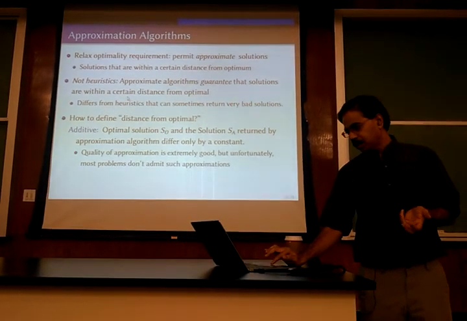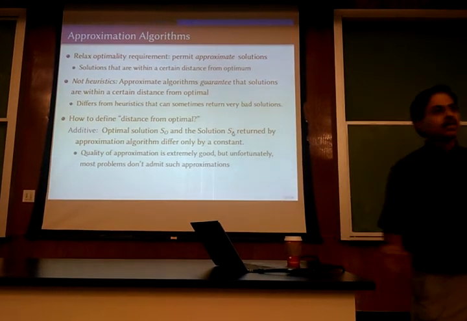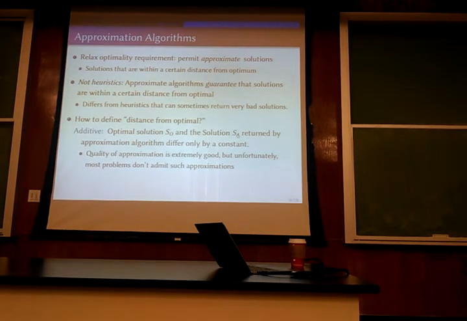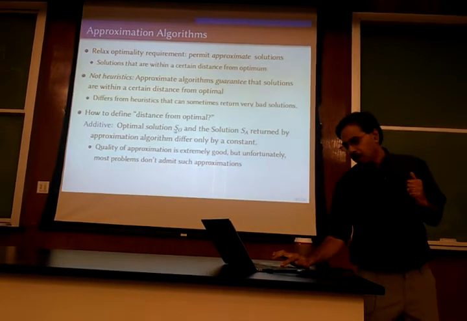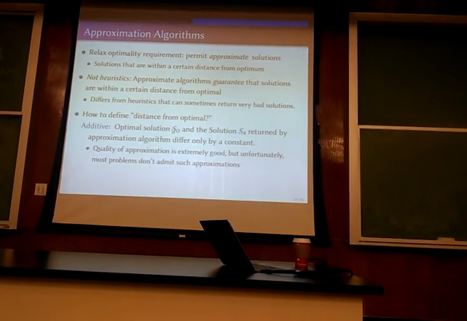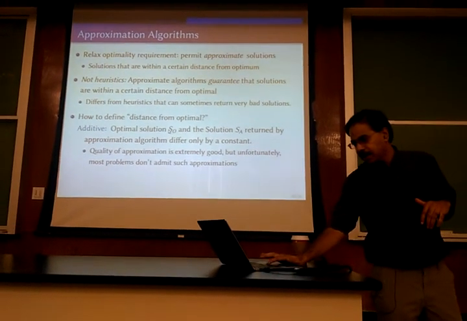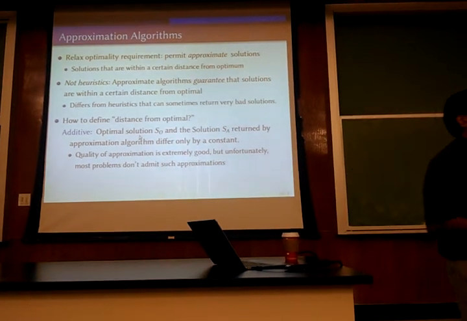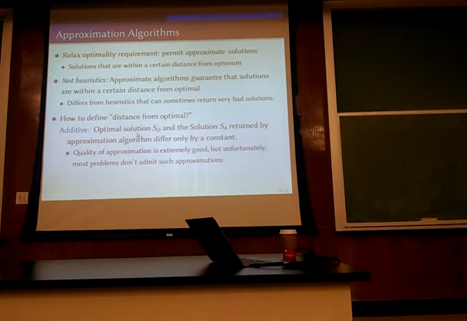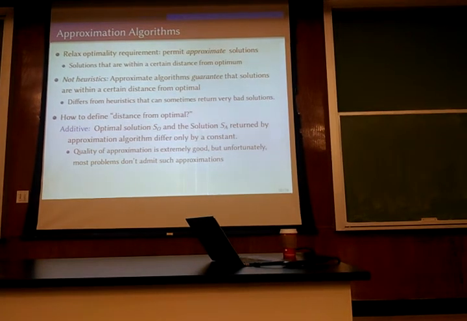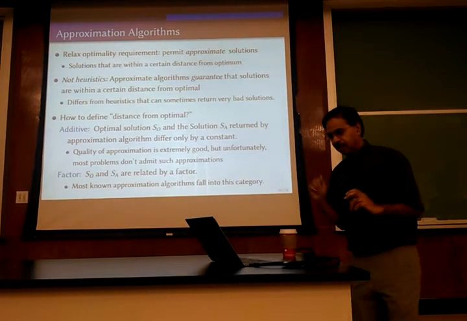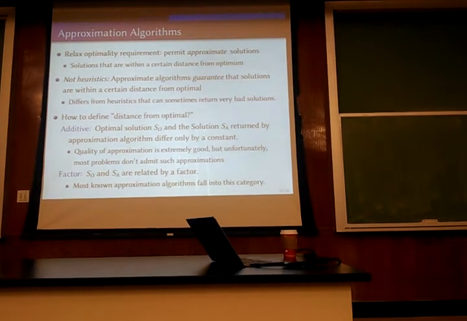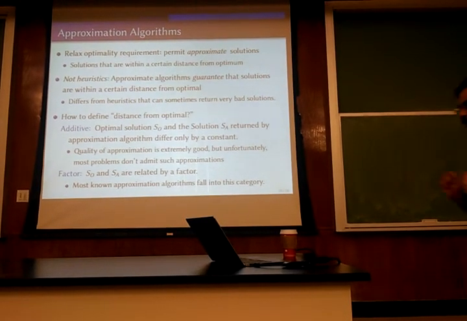Okay, so once again, we're going to use this notation SA to refer to the cost of the approximate solution, and SO to refer to the cost of the optimal solution. Okay, and what we are saying here is, I'm sorry, we are saying that SA equals SO plus some constant. Okay, that's additive. Okay, factor means we are saying SA equals SO times some factor.